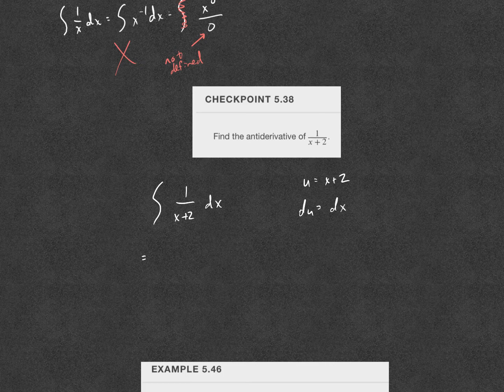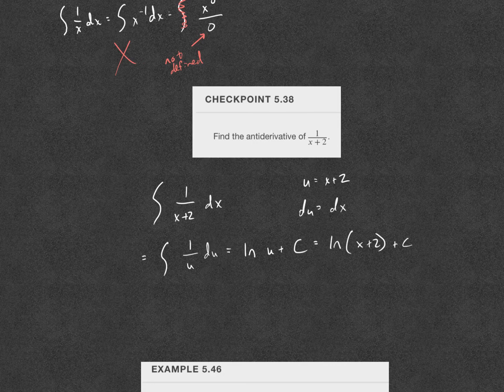So this integral after the substitution is 1 over u du. And the integral of that is the natural log of u plus a constant c, and then back substitute: ln of x plus 2 plus our constant c.